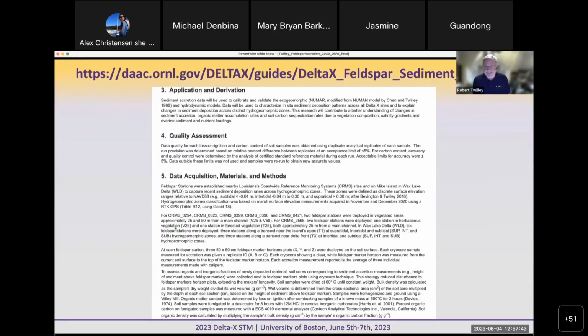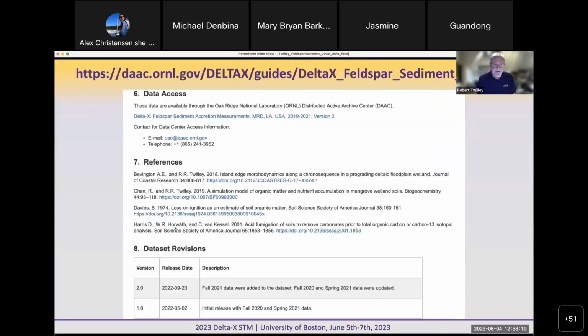Again, there's the distinction in organic matter from organic carbon, which is by one using a technique of loss on ignition, another using a carbon analyzer. But what's important is that these samples have also been fumigated. So just the details of exactly the chemical methodologies are included as well.